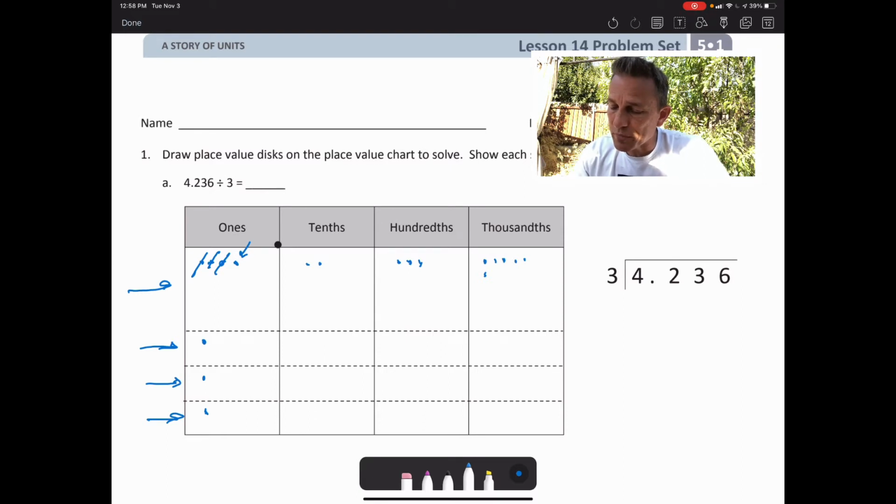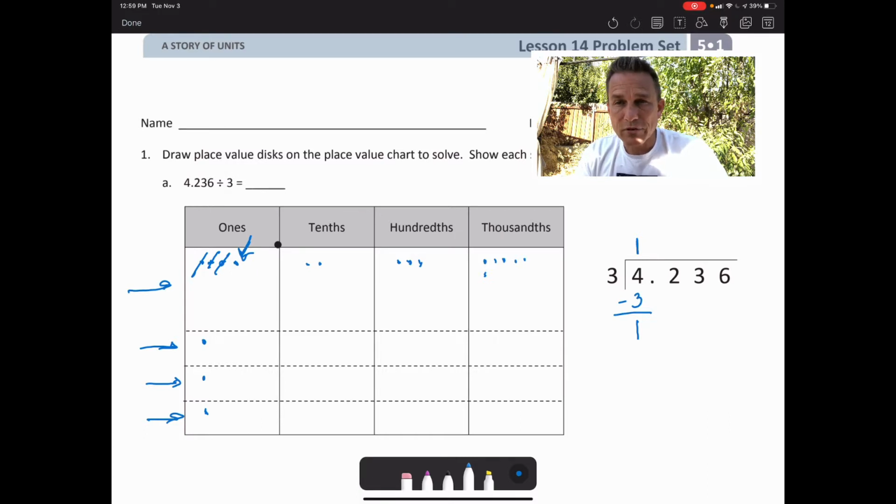So I'm going to go over to my algorithm, and I'm going to put the 1 here in the quotient above the 4. Now the total amount that I can share out of that 4 turned out to be 3, so that's going to go here. Now I'm subtracting because there's 1 left, which is this one right here.